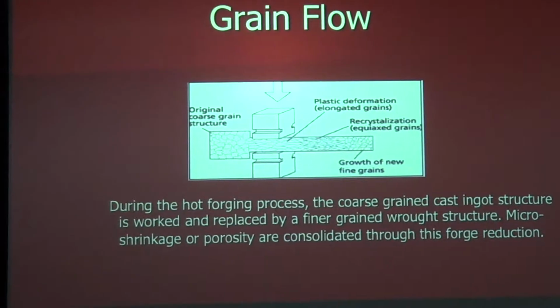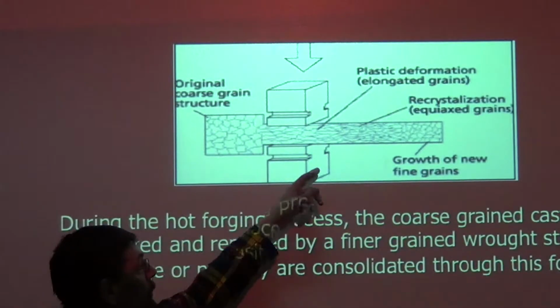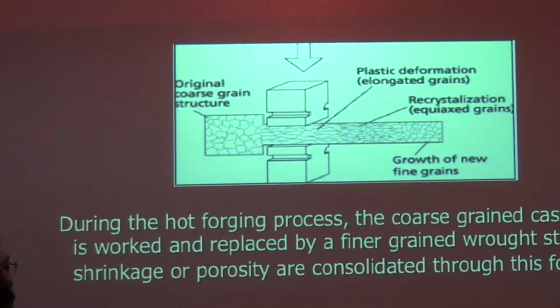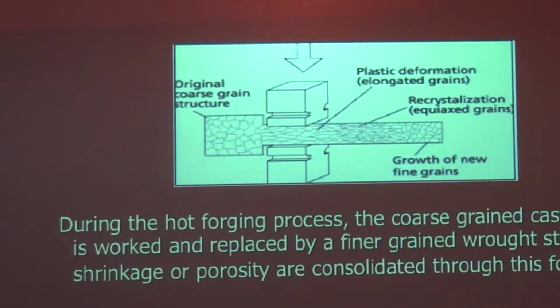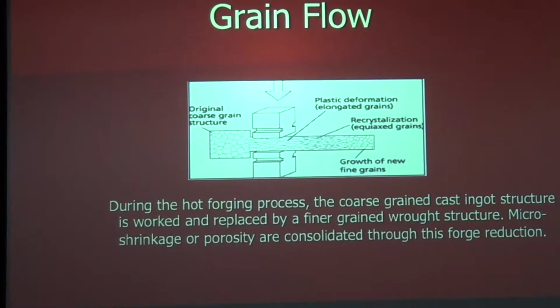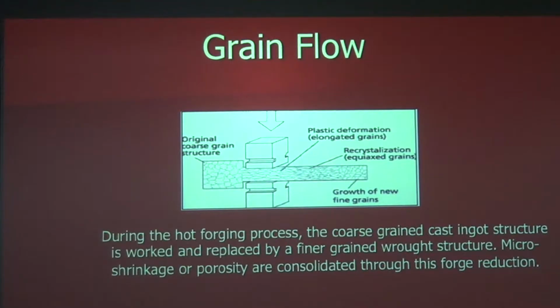We're going to take those grains and make them much smaller, and we're going to stretch the ingot out along its length. By doing that, we get properties that are different in the long axis, or the longitudinal orientation, than in the transverse orientation, which is 90 degrees to the long axis of the ingot. Or it would eventually be a forging or a bar or even a plate coming off a rolling mill.